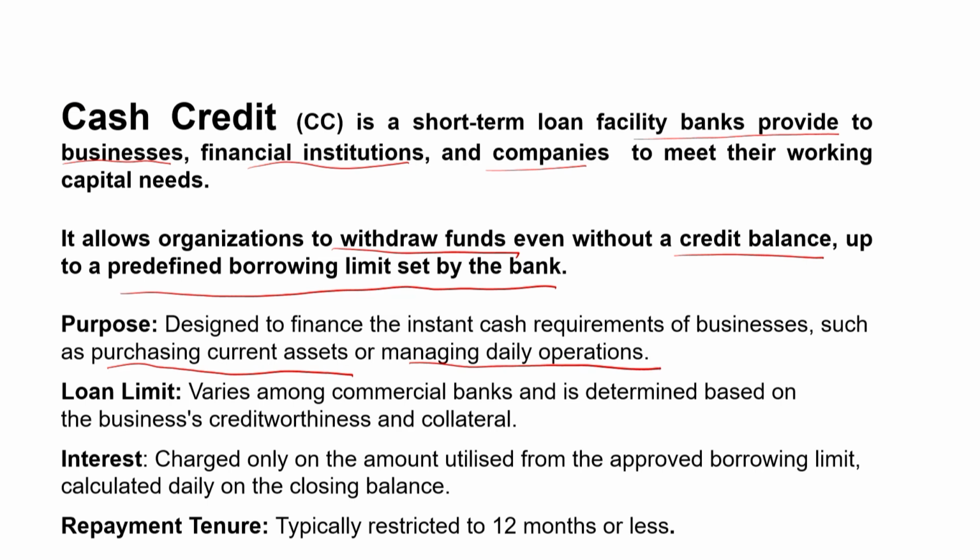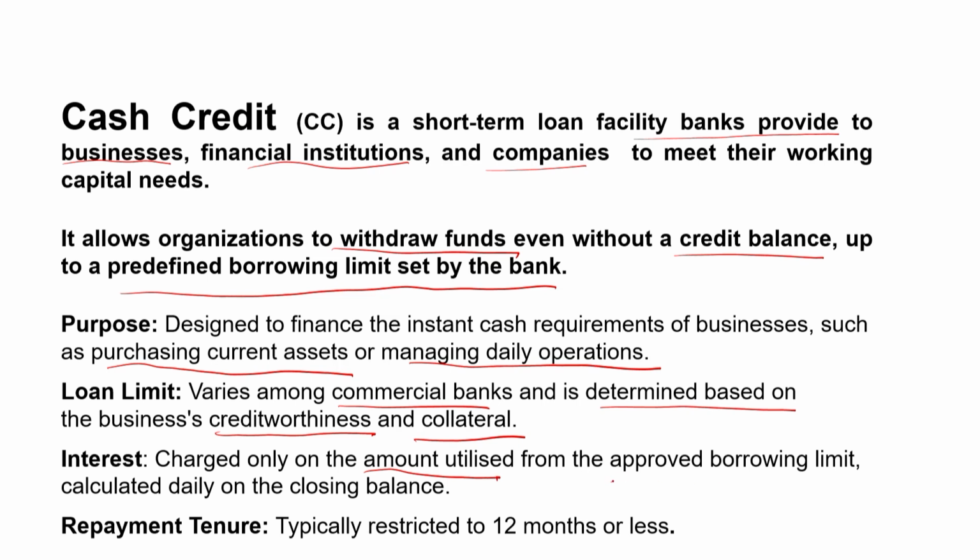Loan limits basically vary in nature. Various commercial banks and other types of banks determine the loan limit on the basis of the creditworthiness of the consumer or the collateral provided against the loan to the bank by the consumer, and interest is also charged on the amount utilized only.